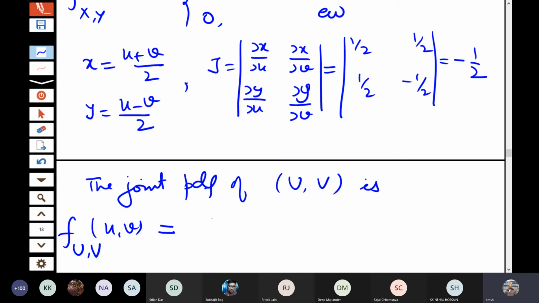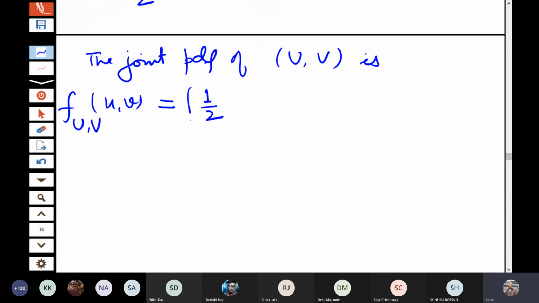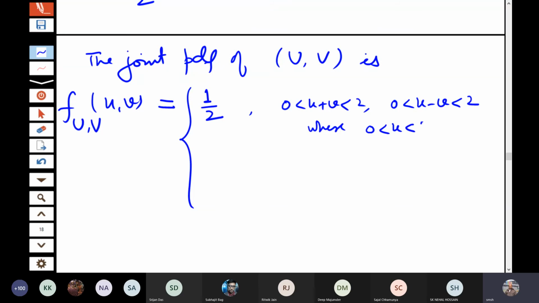It is obtained from the distribution of x, y, that is constant here, so that is 1 multiplied by the absolute value of this Jacobian, so it is simply half, and you have to write down the range here. 0 less than u plus v less than 2, and 0 less than u minus v less than 2, where u lies between 0 and 2 because x and y both are between 0 to 1, so x plus y will be between 0 and 2, and v is x minus y, so it will be from -1 to 1, and 0 elsewhere.